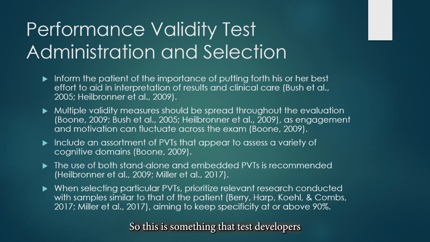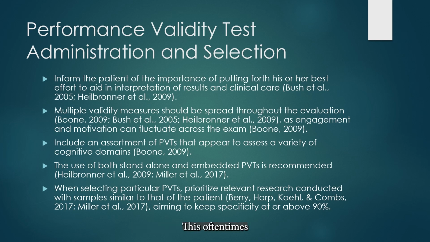So this is something that test developers take into account when developing standalone or embedded PVTs. They really want to make sure that the specificity is at or above 90% so that we reduce the chance that we are incorrectly concluding that someone is putting forth an invalid performance.